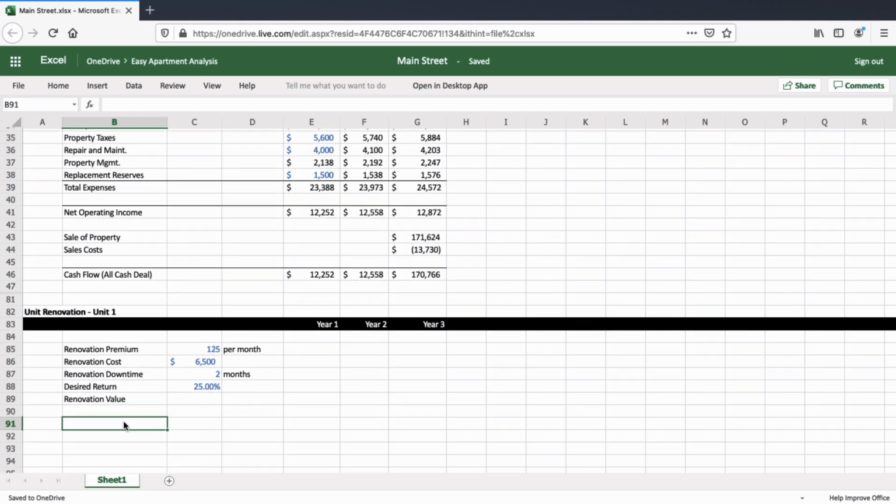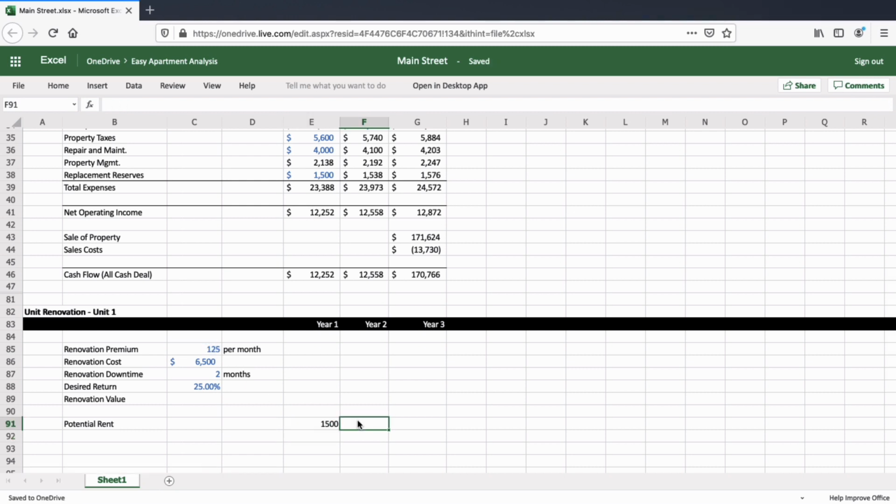Now let's come up with those new cash flows, the change in cash flow from the base scenario above, and value that change in cash flow and determine how much our renovation value is. So we'll start looking at potential rent. For year 1, it's going to be an increase of $125 per month times 12 months, which gets you to an annual amount.